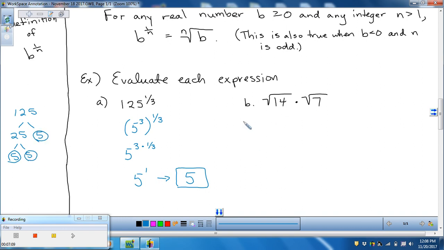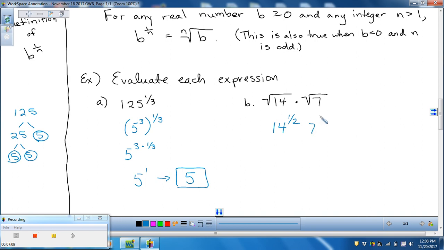Over here we have example B, square root of 14 times the square root of 7. I want to rewrite this as fractional exponents, so square root of 14 is the same as 14 to the 1/2 power. Again, the bottom number is whatever the root is that you're taking, since we're taking a square root. There's a 2 on the bottom.